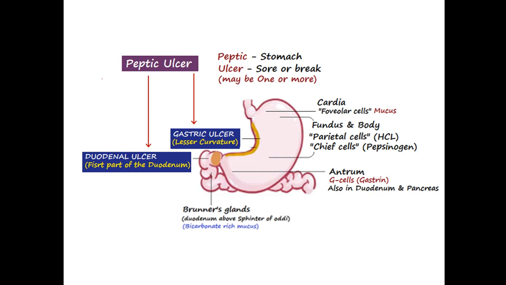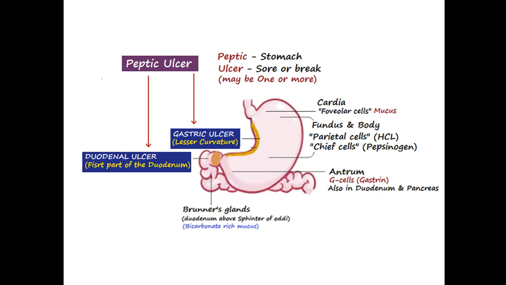Now we know that if the stomach mucosa is not protected by the protective mechanisms, the presence of the harsh acidic environment because of HCl would damage the gastric mucosa. And potentially, it may digest the gastric mucosa as well as the mucosa in the first part of the duodenum.